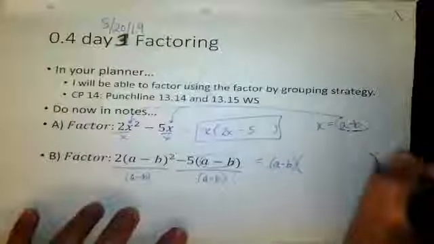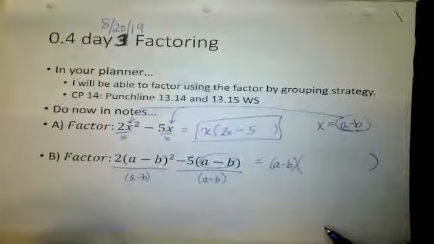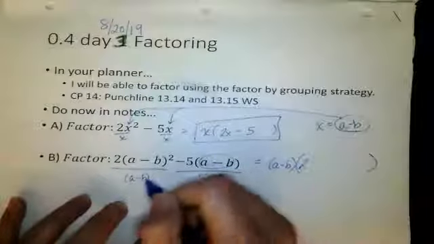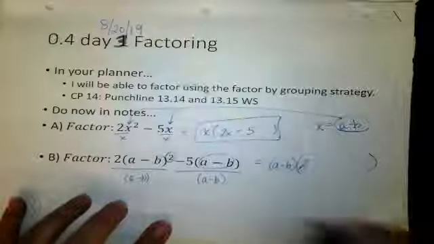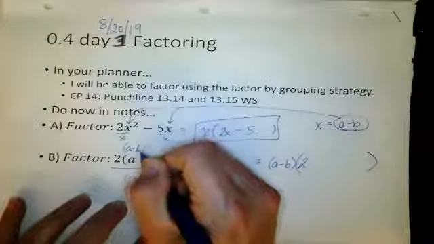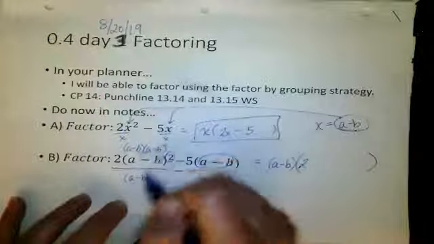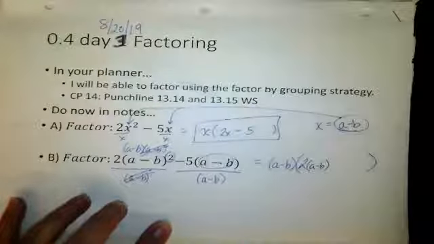So I'm going to pull that a minus b out in front. What's left behind? 2. What does this mean, a minus b quantity squared? It was a minus b times a minus b, right? And if I'm undistributing one, I'm going to get rid of one. So there's an a minus b left over.